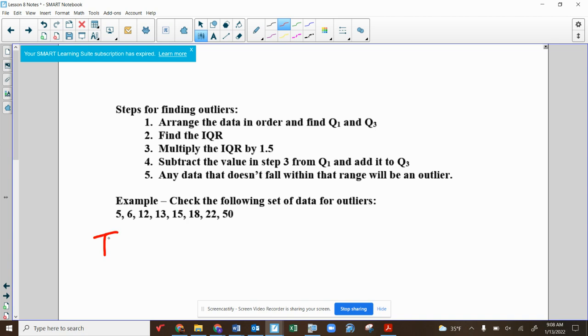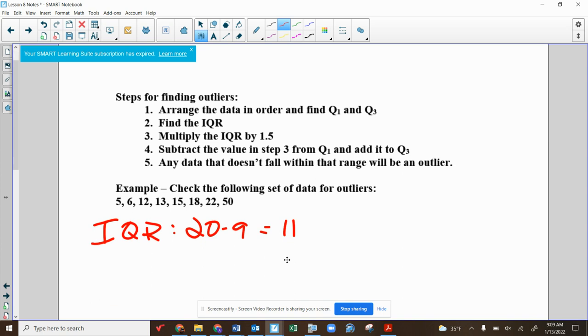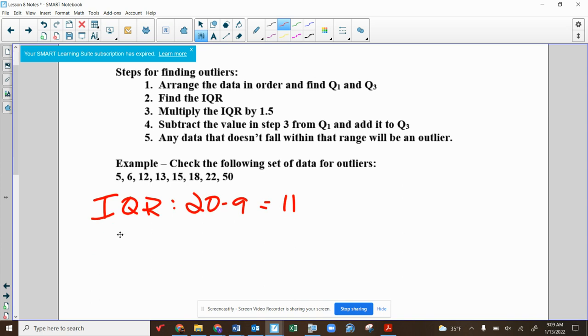Then I'm going to find the IQR, interquartile range, which would be 20 minus 9, which is 11. I am then going to take that number and multiply it by 1.5. So basically what we're doing is putting an error in there. We're going 150% either direction. So that number is going to be 16.5 when you multiply 11 times 1.5.